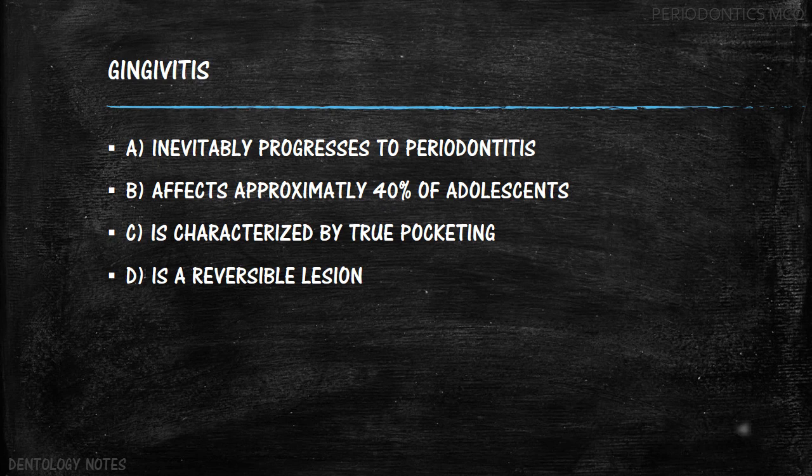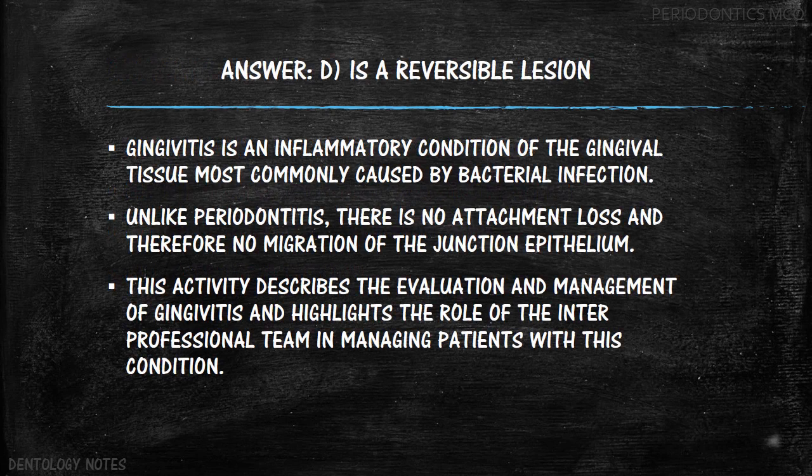Gingivitis: A. Inevitably progresses to periodontitis. B. Affects approximately 40% of adolescents. C. Is characterized by true pocketing. D. Is a reversible lesion. Answer: D. Is a reversible lesion.